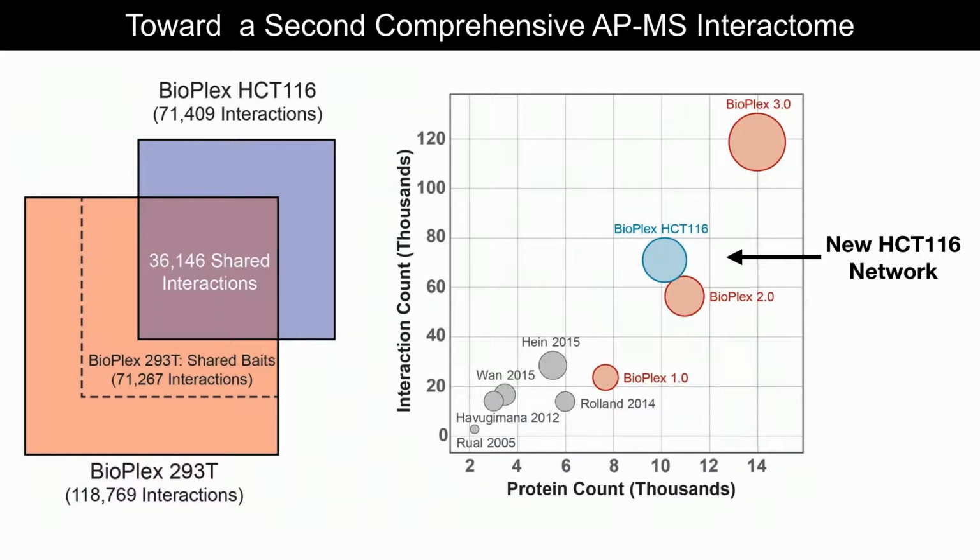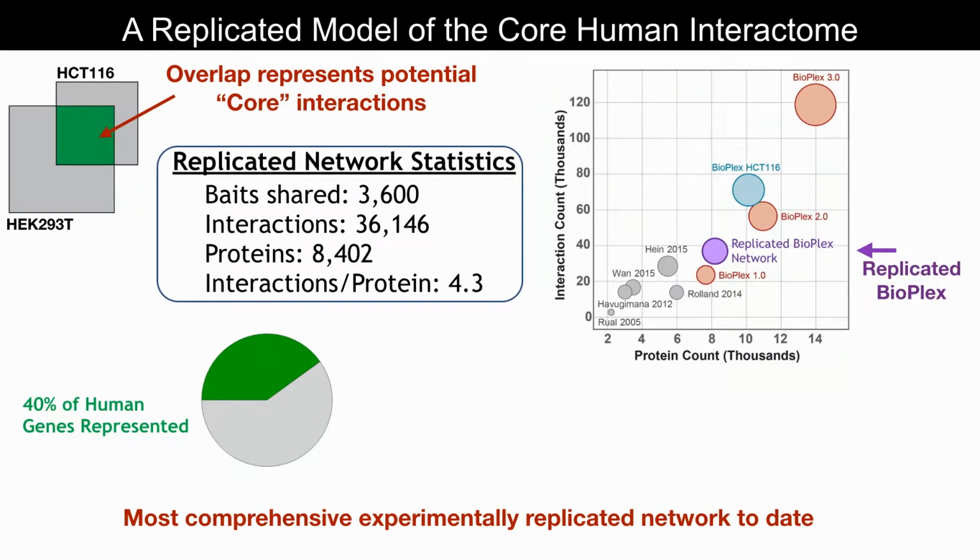But suffice it to say that we've built a network now with 71,000 interactions in HCT cells and are now trying to understand what this network can tell us. So we think that this overlapping set of proteins represents core interactions that are conserved between different cell lineages.